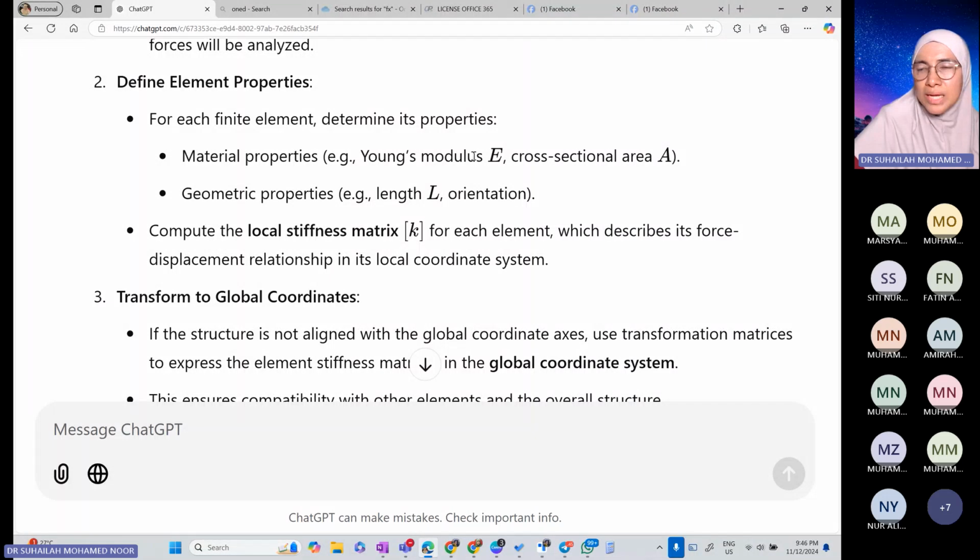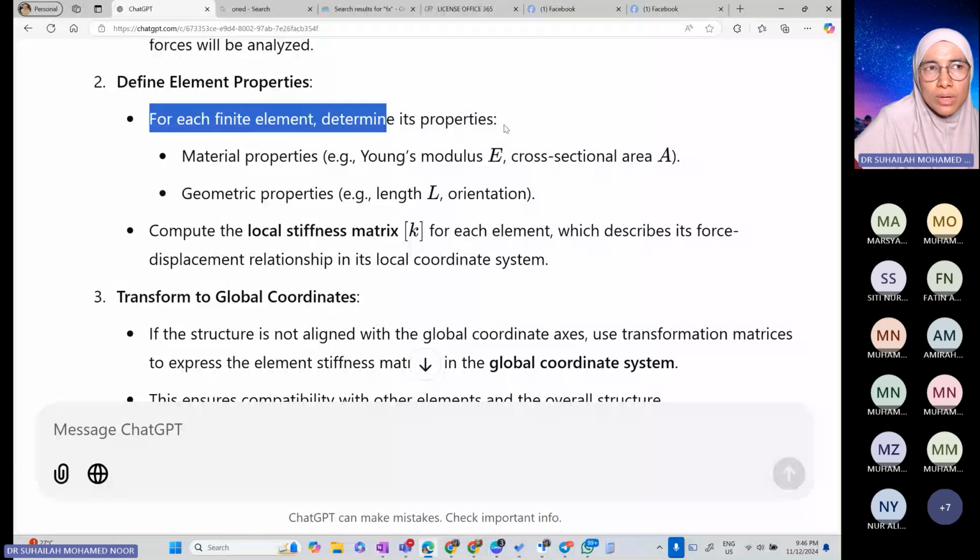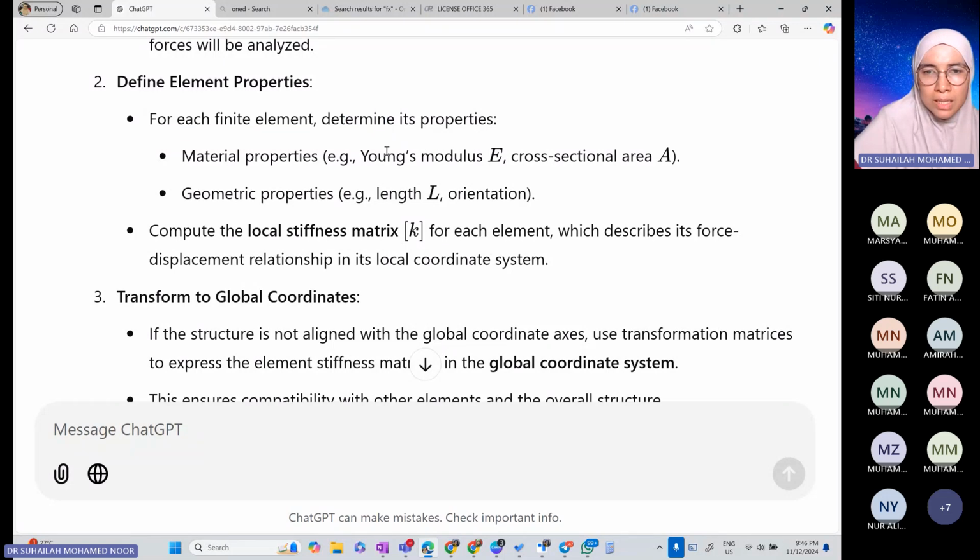Kita tengok the relationship all this. Okay, you boleh tanya lanjut, nanti dia akan bagi more explanation. Okay, so means that properties ni yang akan menentukan the results, the displacement, the forces. Bergantung kepada nilai-nilai ni, nilai E, nilai A, nilai L also. So kalau ubah mana-mana nilai ni, dia akan mengubah nilai displacement.